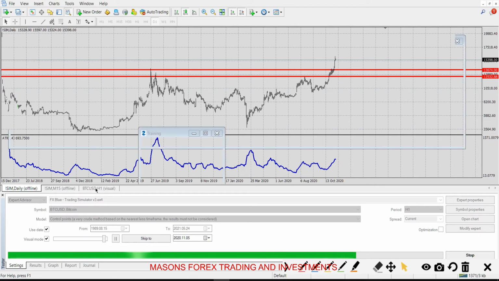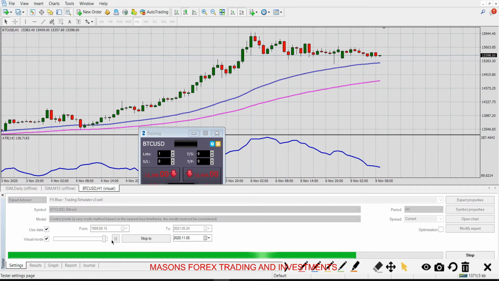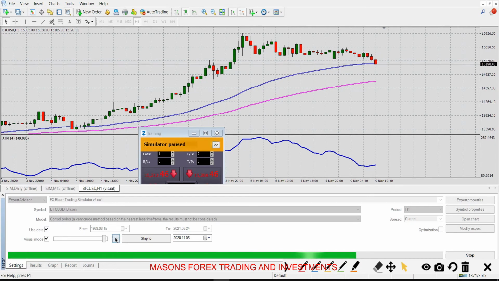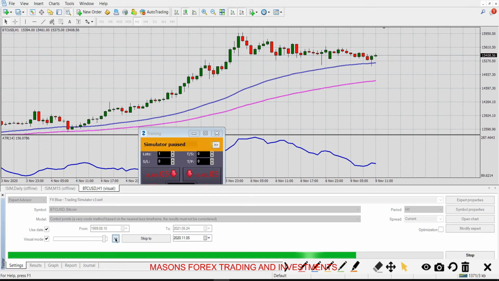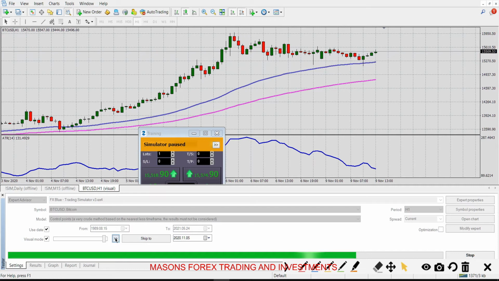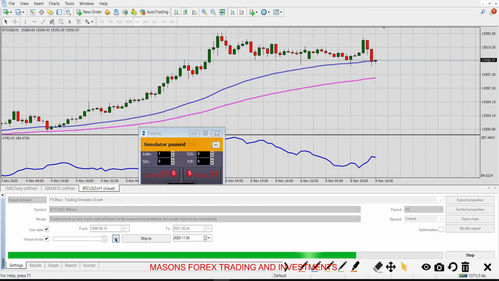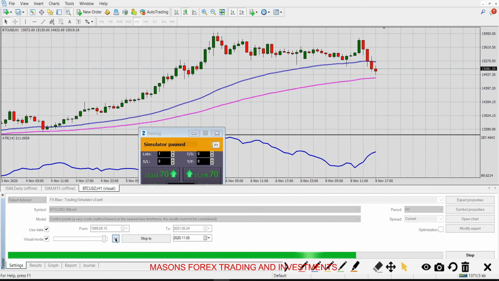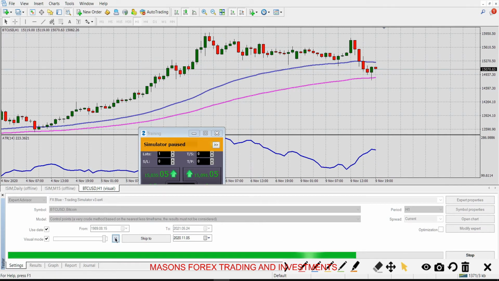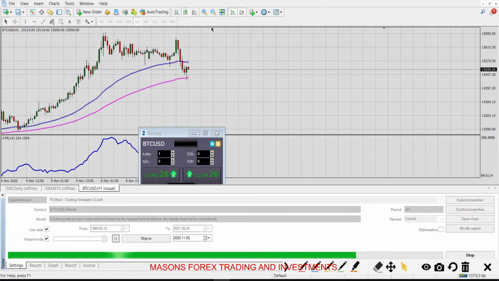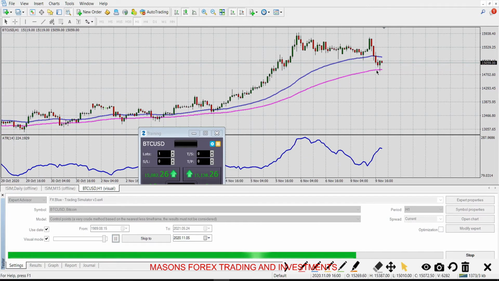Okay, let us go back to the testing part. So we're still hunting for an entry. If you look at where we are situated currently, we are above the 100 moving average.